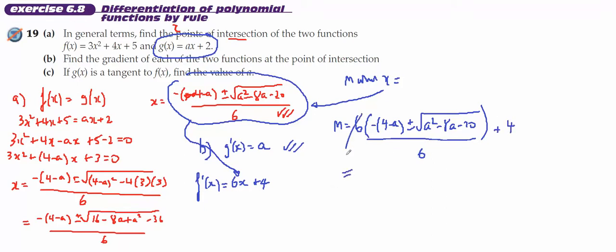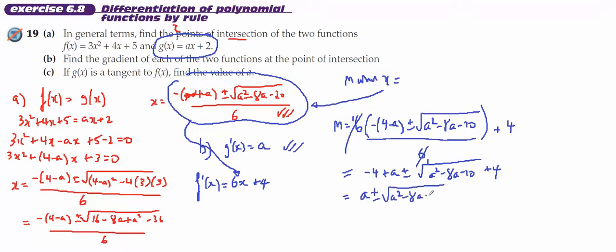Notice the 6's cancel to leave factors of 1. That's going to equal minus 4 plus a plus or minus the square root of a squared minus 8a minus 20 plus 4, which equals a plus or minus the square root of a squared minus 8a minus 20. That's the gradient of f. a is the gradient of g. They're the two answers for part B.